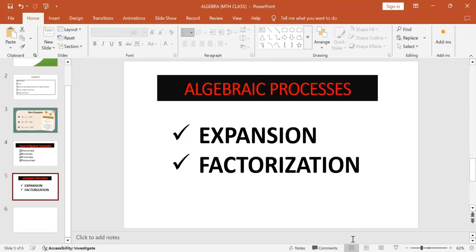Okay, so there are two major algebraic processes at this level that we are going to explore. The first one is expansion, while the second one is factorization.